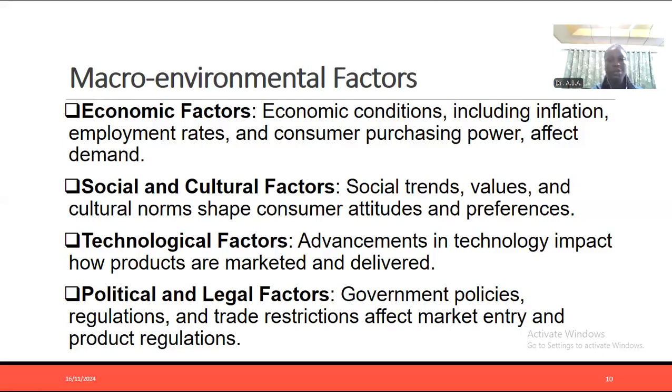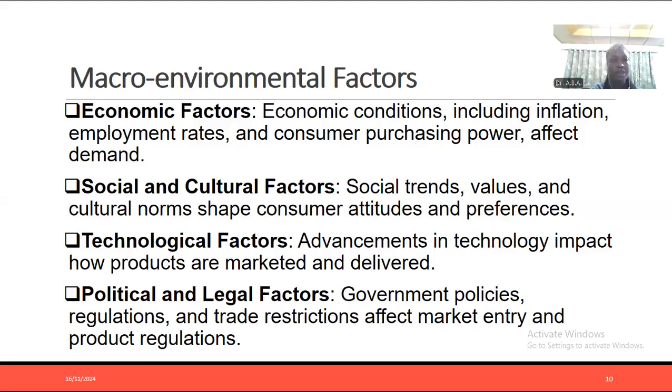This includes government policies, regulations, and trade restrictions, which affect market entry and product regulations. So within the macro environment, we have the economic, social and cultural, technological, and political and legal factors.